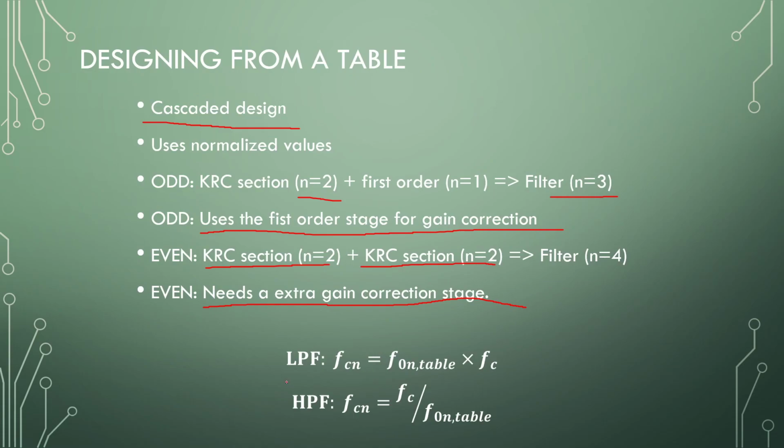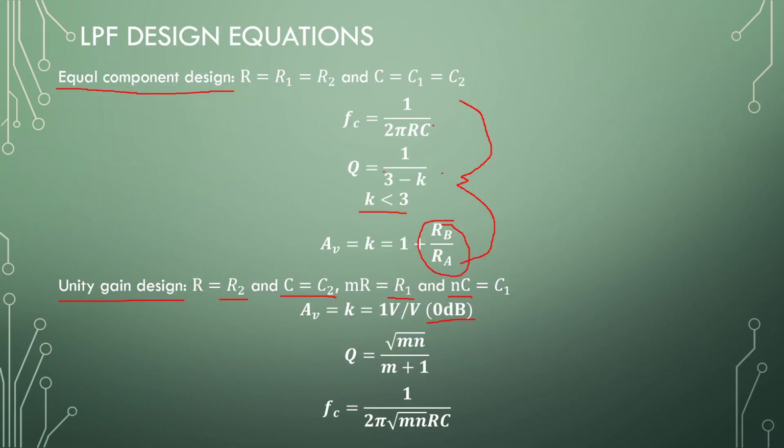From the tables, if you're designing a low pass filter, you take the cutoff frequency that you're designing for, multiply it by the value you get from the table, and that is the design frequency that you're going to use in this equation right here.